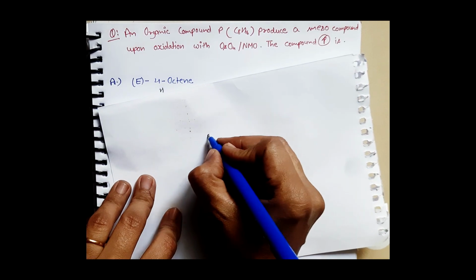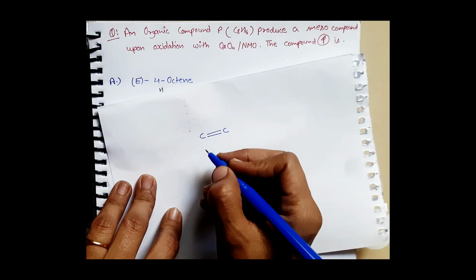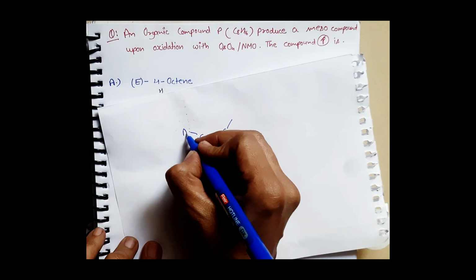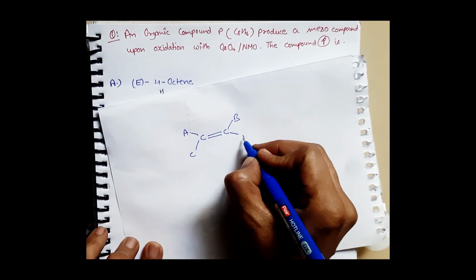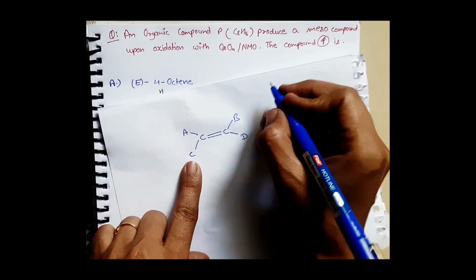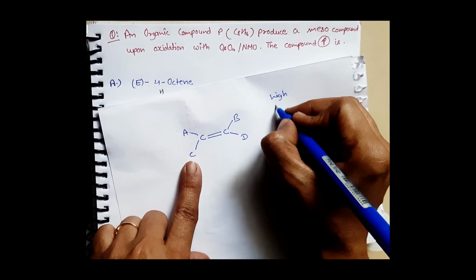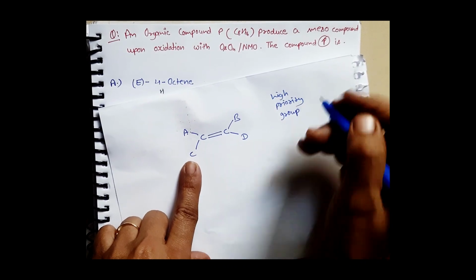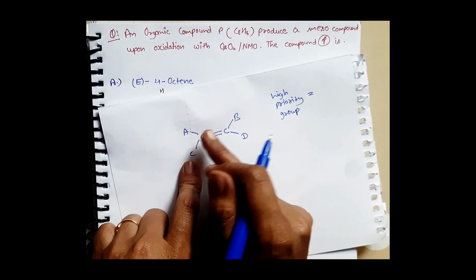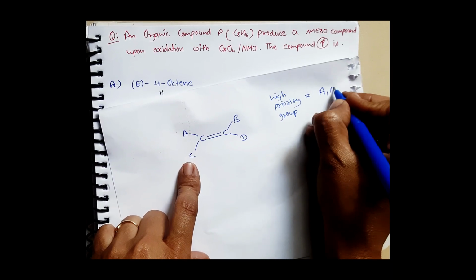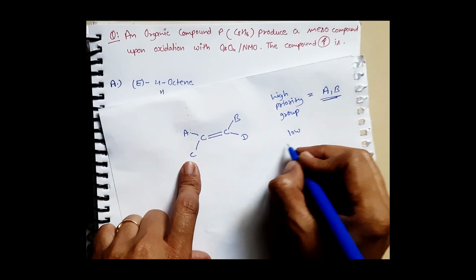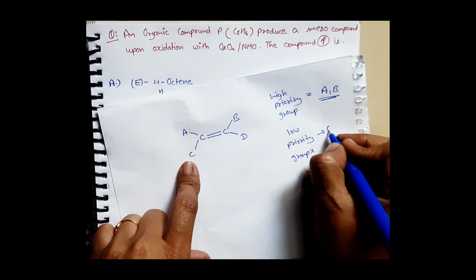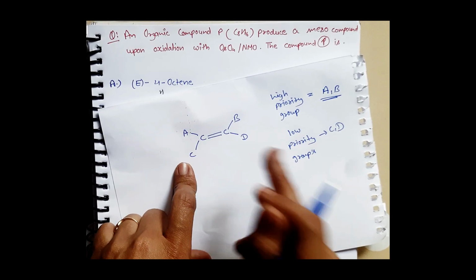If we take one double bond, or one alkene group, where the double bond has four different substituents, we assume high priority groups. The high priority groups are A and B, and the low priority groups are C and D according to this compound.